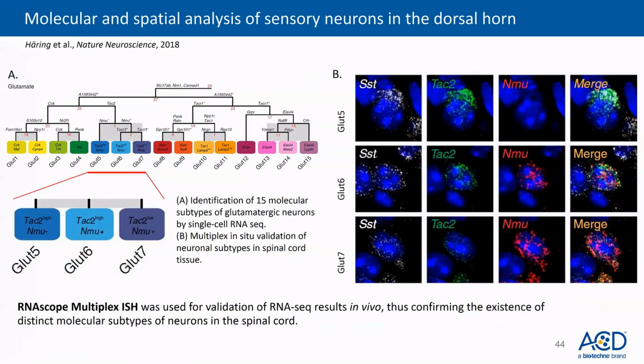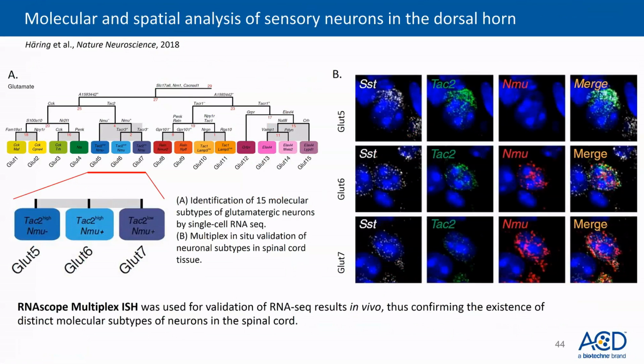In this study, published by Herring et al. in Nature Neuroscience earlier this year, the authors focused on molecular and spatial analysis of sensory neurons in the dorsal horn. Using single-cell RNA-seq, the authors identified 15 different molecular subtypes of the glutamatergic neurons. The focus here is on 3 molecular subtypes, GLUT5, 6, and 7.